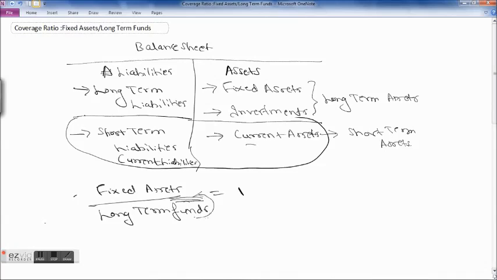If it is more than 1, your fixed assets are more than your long-term fund. That means your short-term funds are used to finance your fixed assets, which is not correct. Your long-term funds should be able to cover your fixed assets. So let's see one example of this ratio.